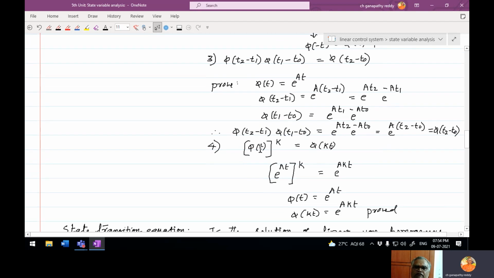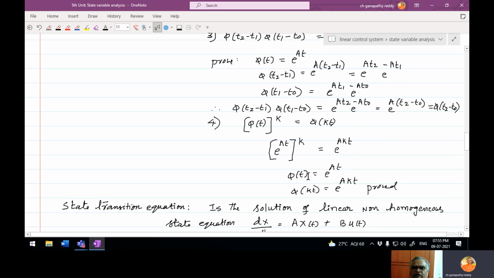And the fourth one, phi of t to the power of k is equal to phi of kt. So phi of t is replaced with e power At, whole to the power of k, equal to e power Akt. Phi of t is e power At, t replaced with kt, you are getting the same.